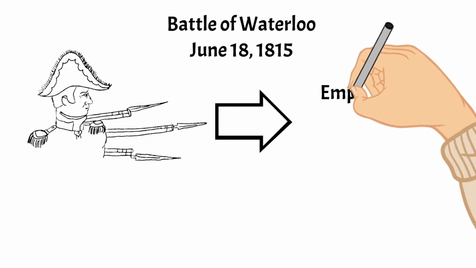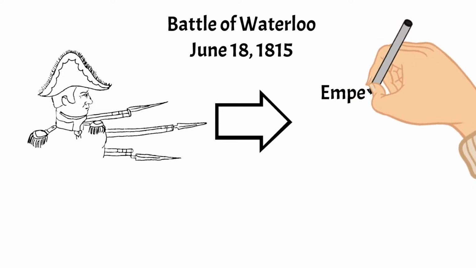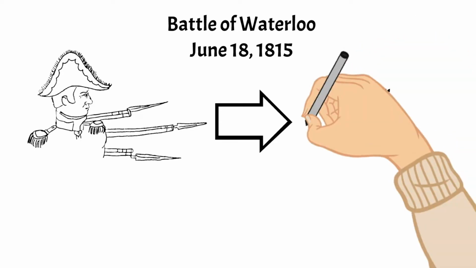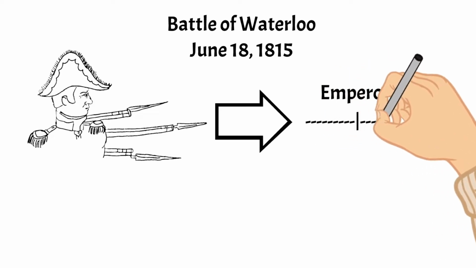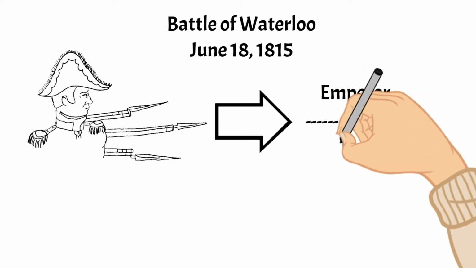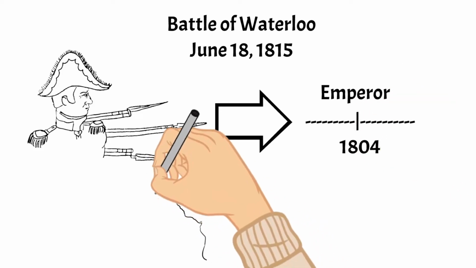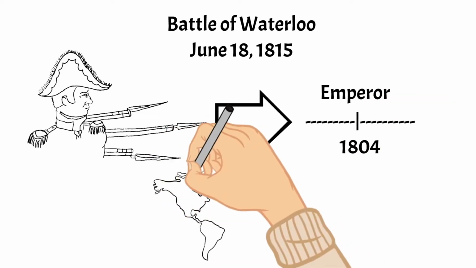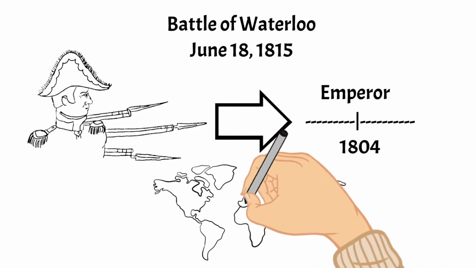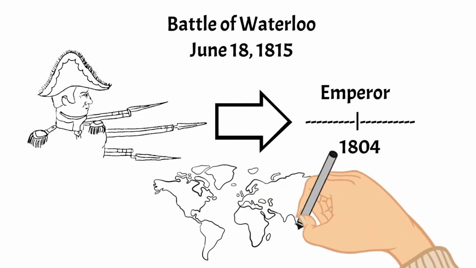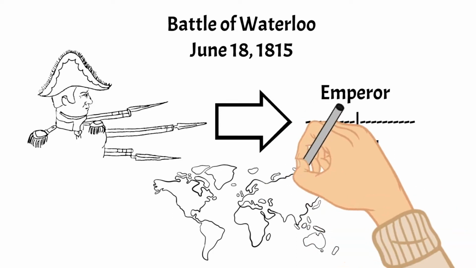He went on then to become the emperor in 1804 and expanded his empire across Western and Central Europe. He was defeated in the Battle of Waterloo by the British and the Prussians in 1815, and historically, this marks the end of his reign.